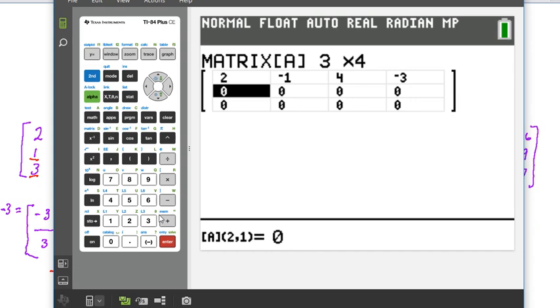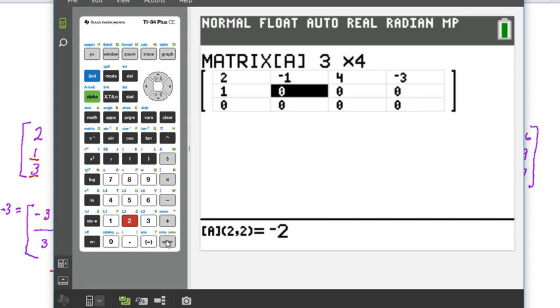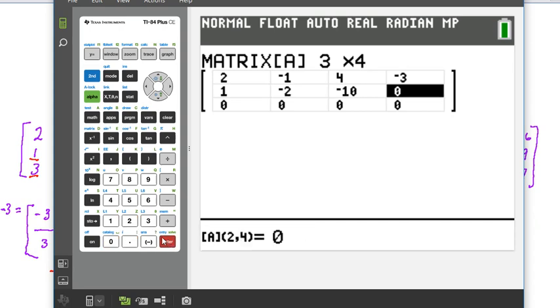Okay, second row. Notice how the subscripting is used here. So matrix A, subscript 2, 1. So row 2, column 1 is the next element. And so that's going to be a 1, negative 2, negative 10, negative 6.